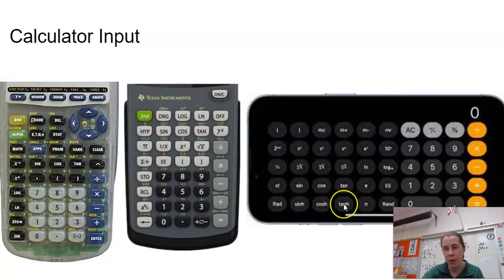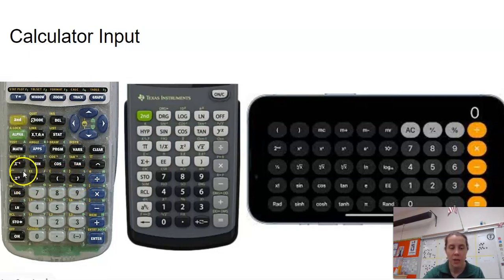And then this is an iPhone calculator. I apologize, I don't have an Android. Honestly, I recommend a calculator, not a cell phone, but if you have a different one that's not shown here, you can let me know and I will help you figure out how to use it. The button that we're looking for on all of these is 2 capital E's.